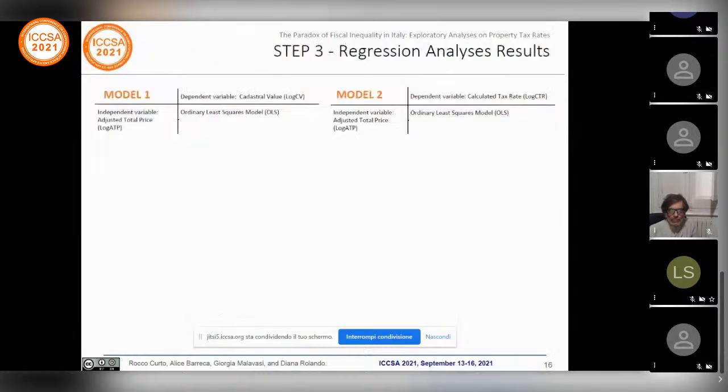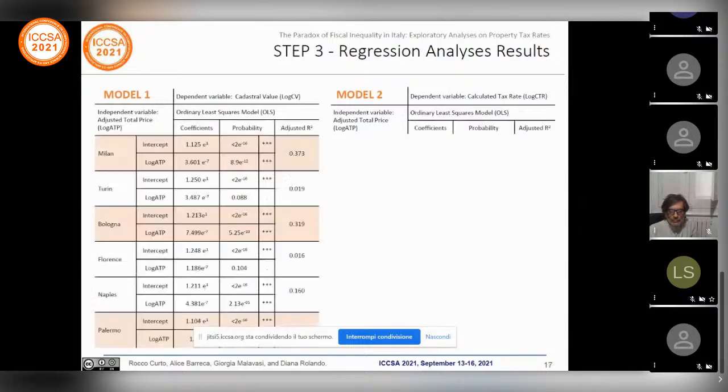The third and last step of the methodological approach is based on simple regression analysis. Today we present the results of two ordinary least squares models. The first model is aimed at studying the relation between the property price and cadastral values, while the second is aimed at studying the relation between property prices and the calculated tax rates.